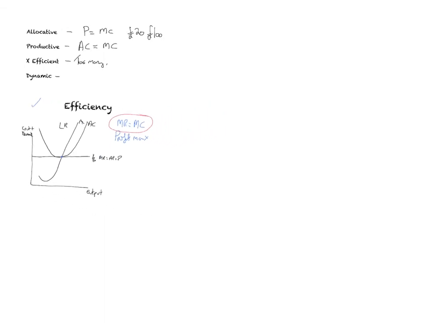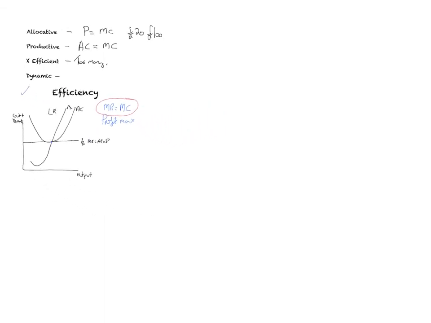Now, sometimes people will say, are they allocatively efficient in the short run as well? And they are. So I'm just going to draw a diagram. Sorry, I've been making other videos for year 12 today. So instead it's costs and revenue and output down the bottom.